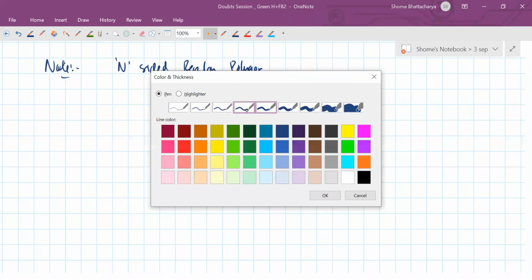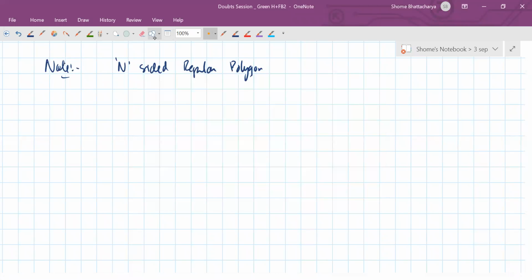Okay. So if we just draw the polygon in such a way that we are showing any two or three consecutive sides of it.